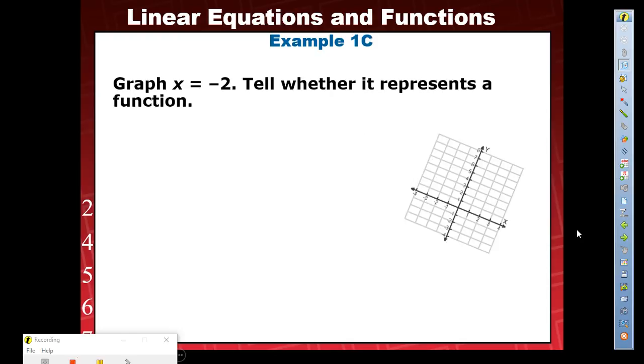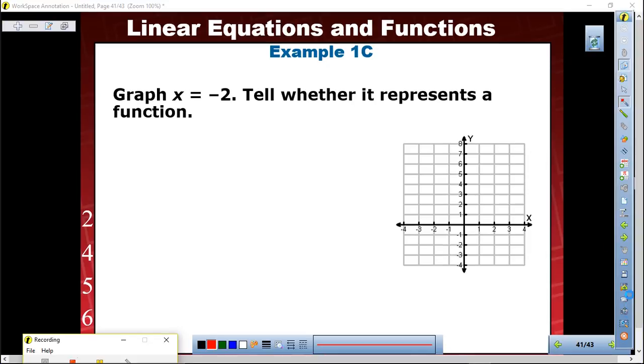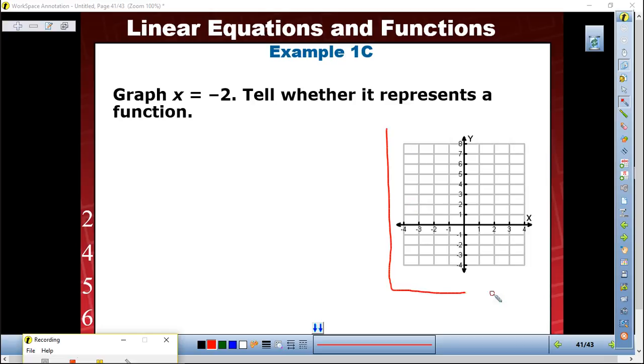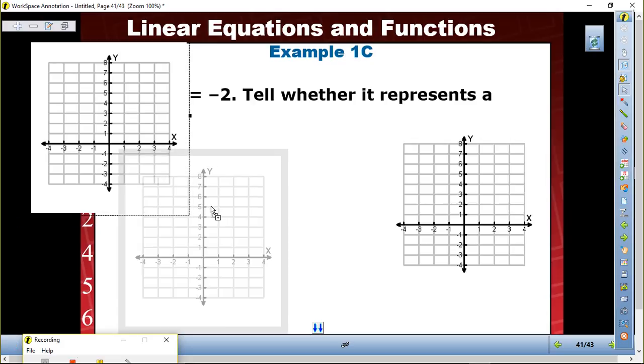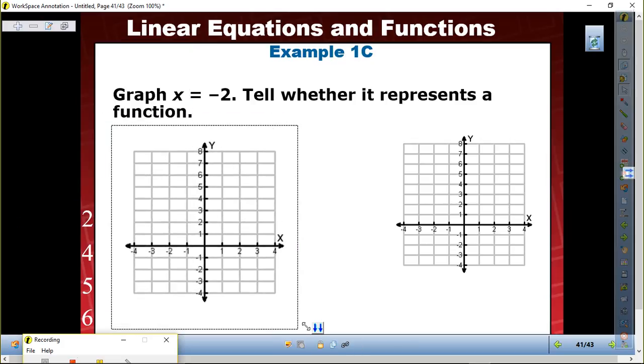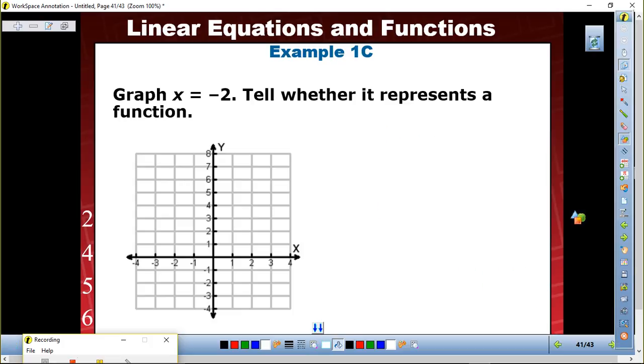All right, so write this next example at the top of your graph. Example 1C. So you wrote this on top of your graph, yes?